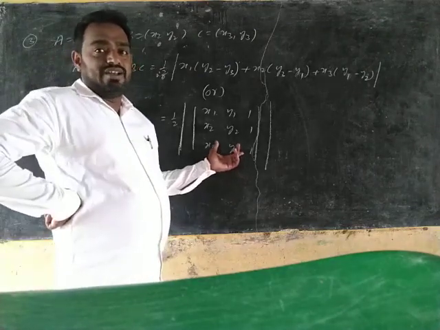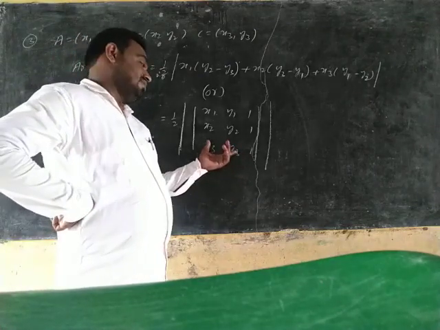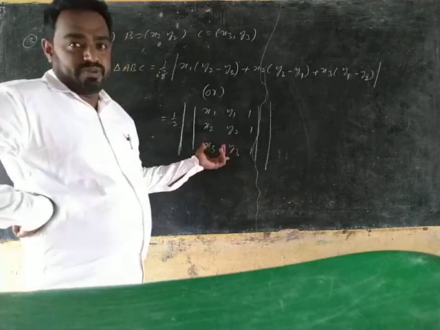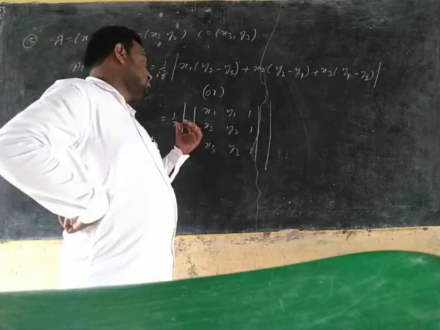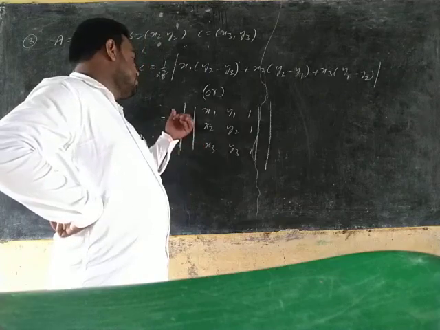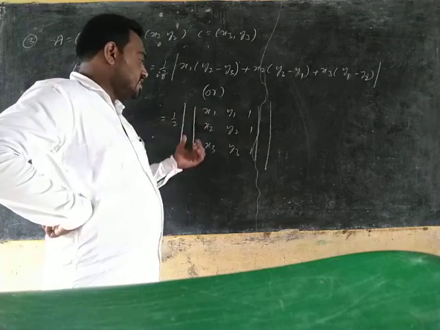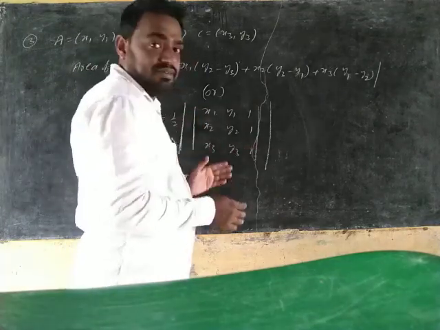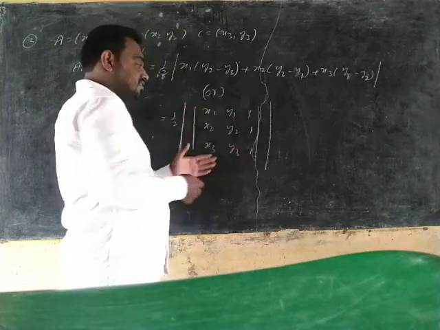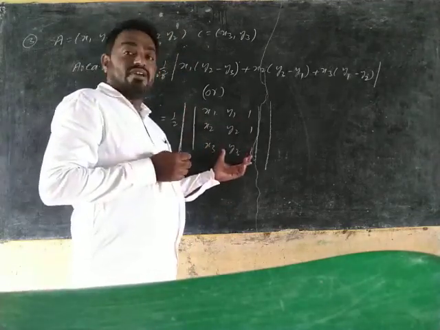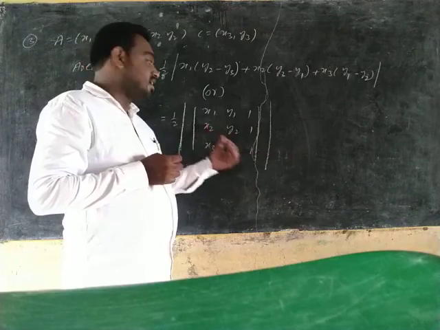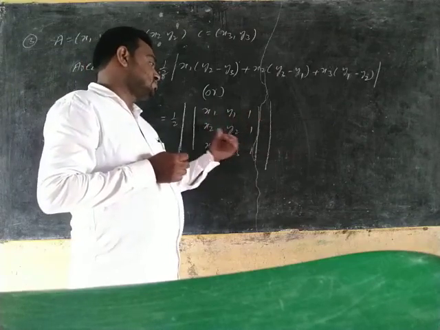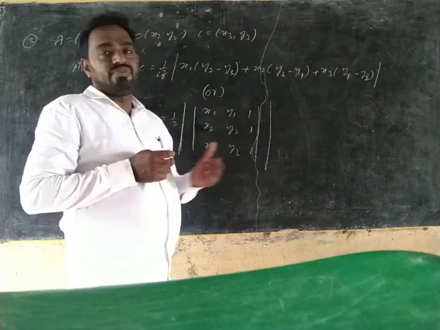How we expand the 3 cross 3 matrix determinant, I will explain in the chapter on matrices. Just remember the formula: 1/2 into modulus of the determinant. If you write it in vertical lines, it is called a determinant.